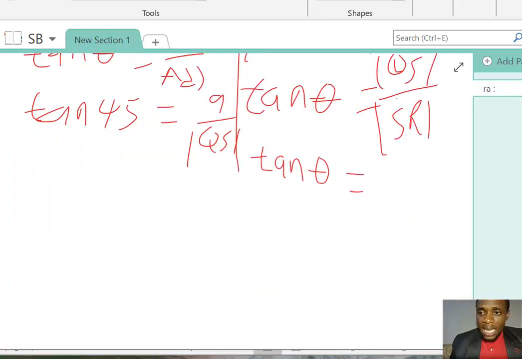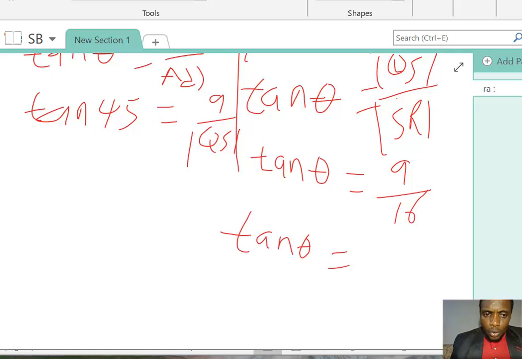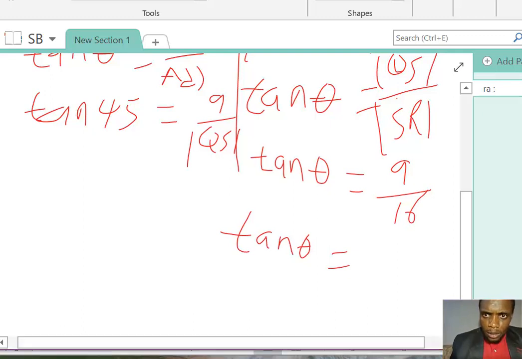So tan theta will be QS, which is 9, all over SR. SR is 16. So if you punch your calculator, 9 divided by 16 will give us 0.5625.